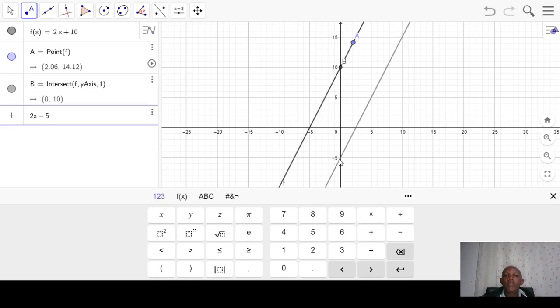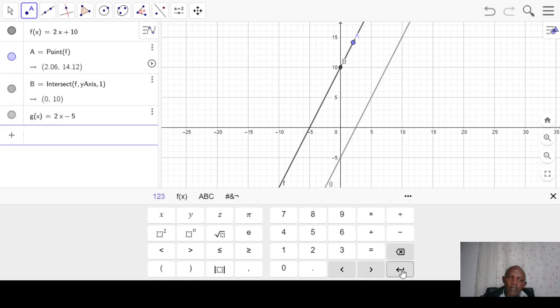What do we mean? We are saying that this line and this line are parallel. In other words, the gradient of this line and the gradient of this line is constant because of the value of m, which is 2.